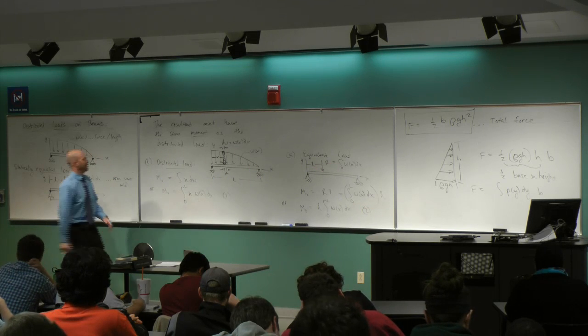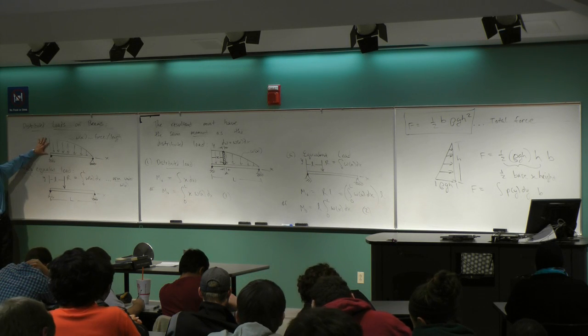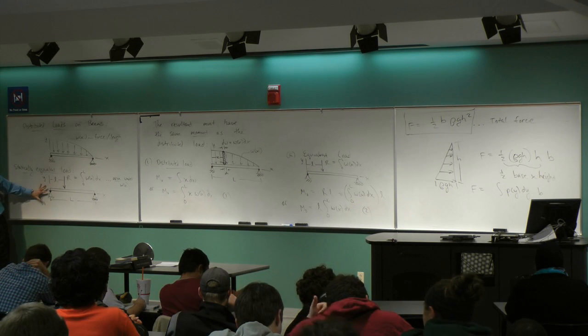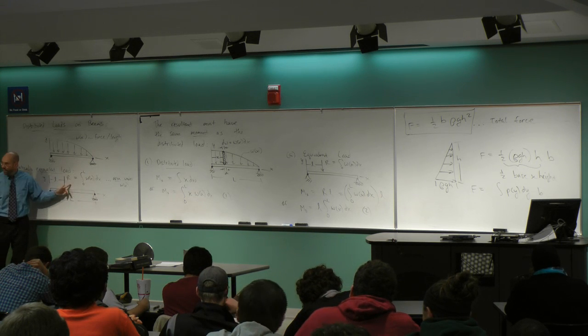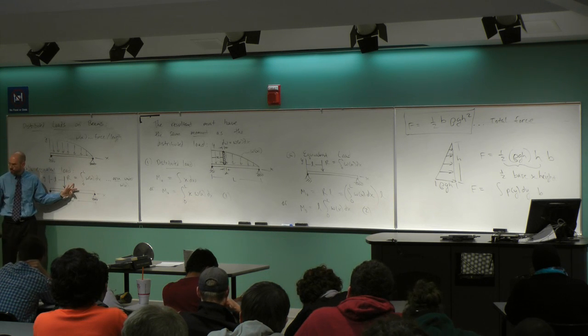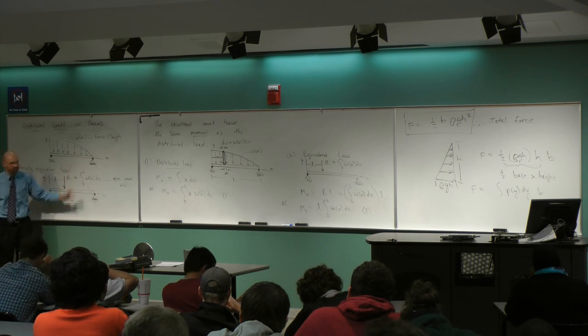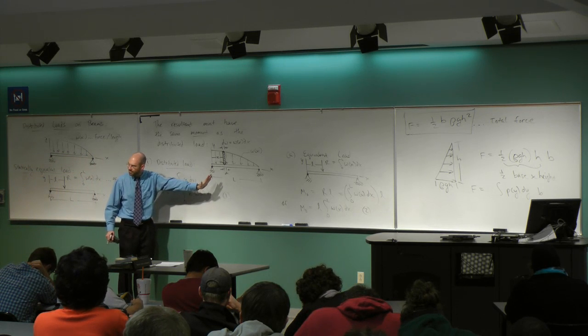To recap, I have two loads. One is distributed, one is supposed to be equivalent. I already know the equivalent one has the same total force, because I took the area under this curve and used that for R. So the total force is the same. The question now is, is it in the right spot?